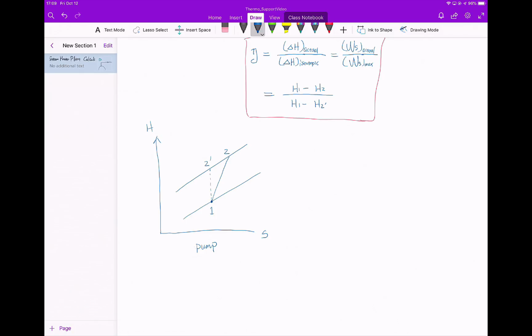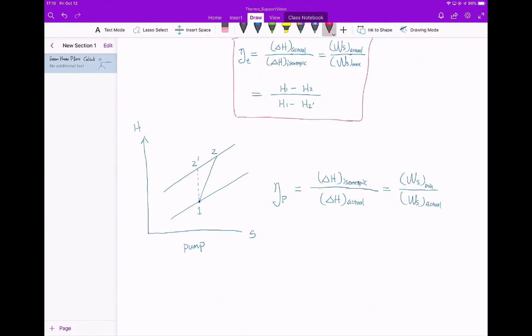Now you can see that, for the pump, the efficiency is defined as delta H isentropic versus delta H actual. This is because that is the minimum shaft work input, and this is the actual shaft work input.